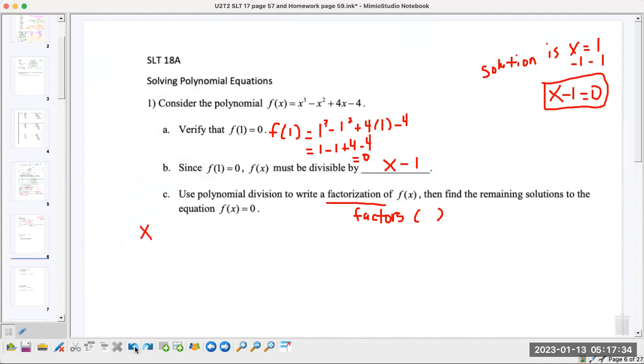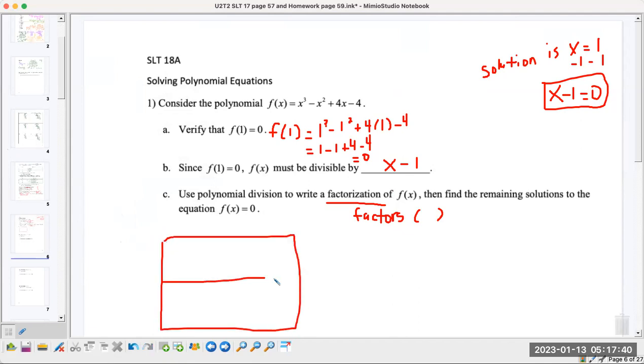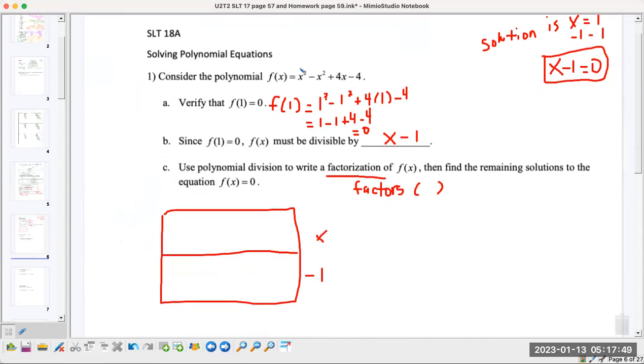Okay. Let's just do this the box method. x minus 1 is in standard form. I do not need a placeholder in my divisor. Let's just see if I need one up here. So we're going to take our dividend, and we're going to plug it into our box.